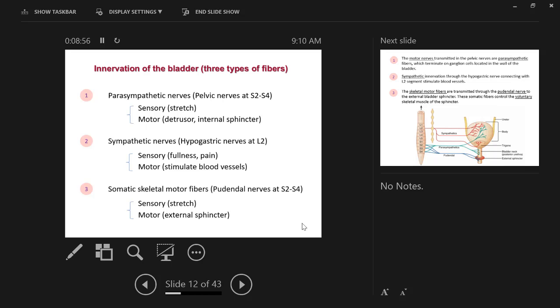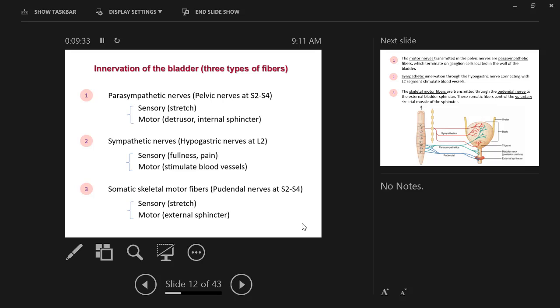Any stretch inside the bladder can be sensed through this nerve fiber, and the motor system can control the contraction of the detrusor and also the internal sphincter. Second is the sympathetic nervous system, which comes through the hypogastric nerves, and pain can be sensed through these nerve fibers. The motor system mainly stimulates blood vessels rather than the detrusor or internal sphincter.